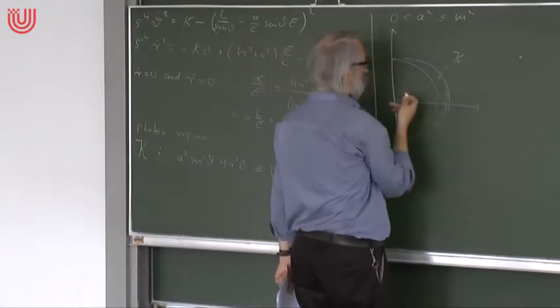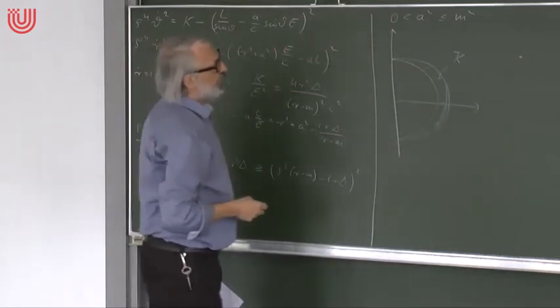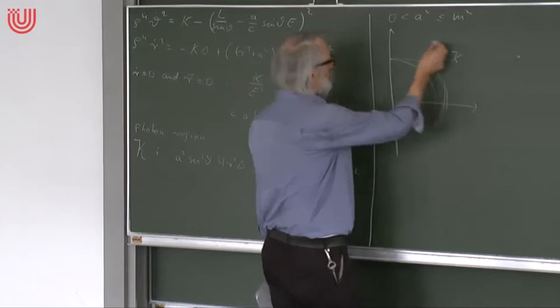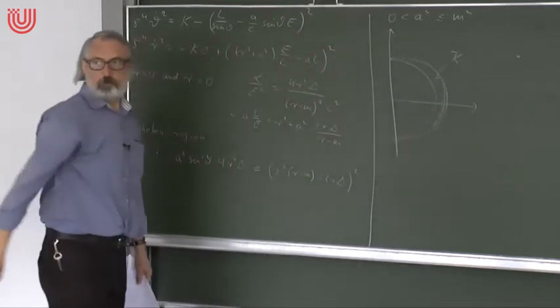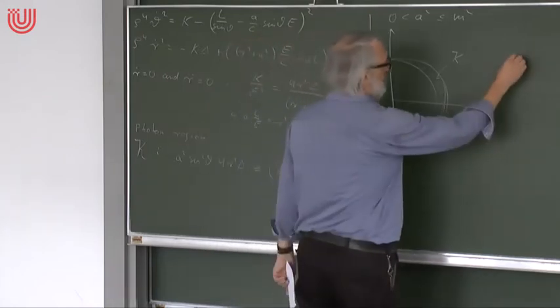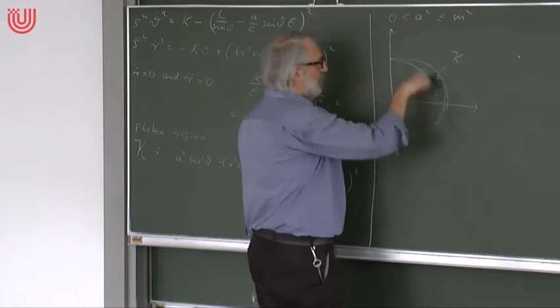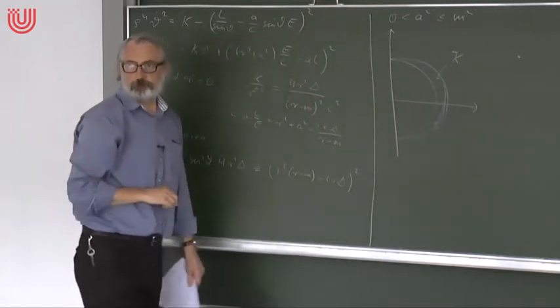The ones which moved towards the horizon, if we followed them into the past, and the ones which were just deflected and then went back to infinity. And the borderline case between the 2 cases was given by light-like geodesics which spiraled asymptotically towards r equals 3m.